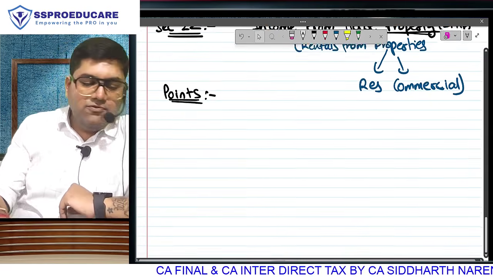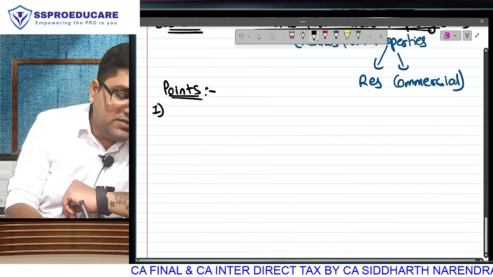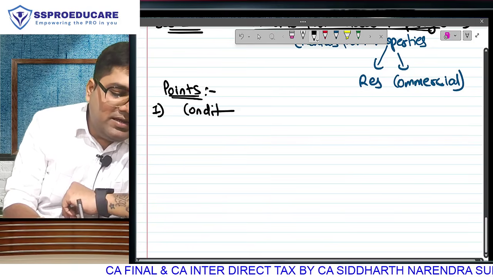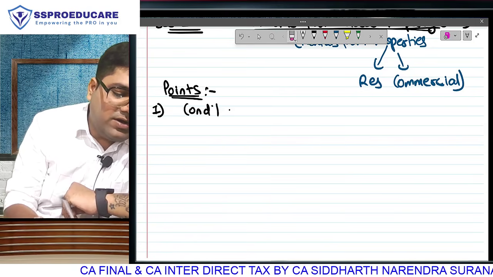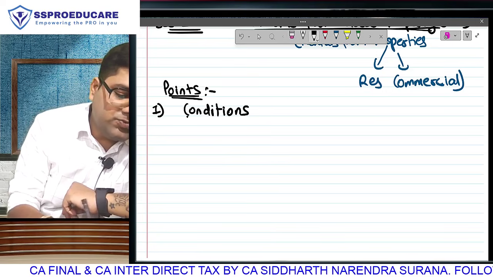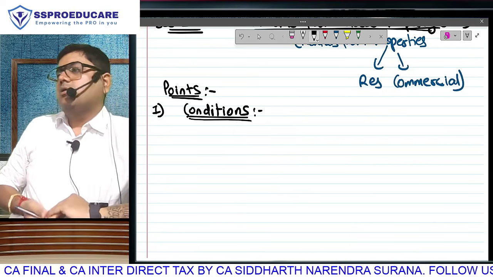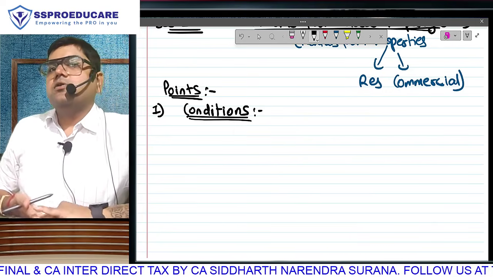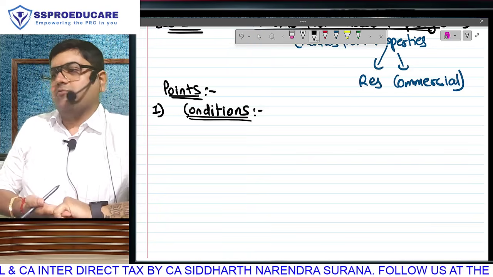The very first point of the chapter is, when will an income be considered or declared as income from house property? Three conditions will trigger income from house property.